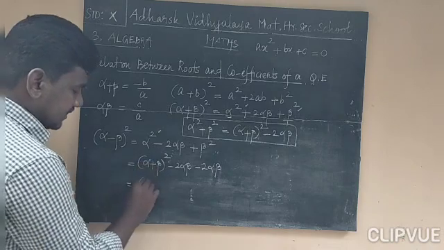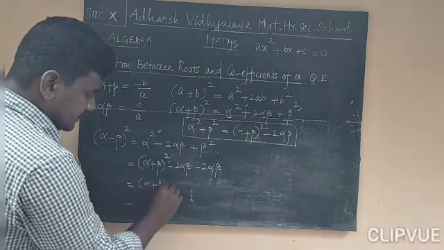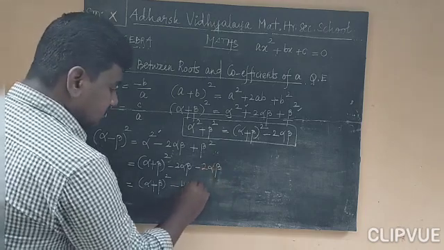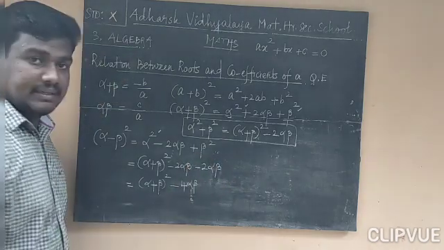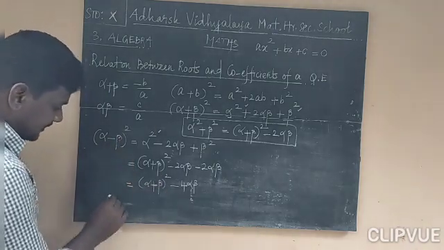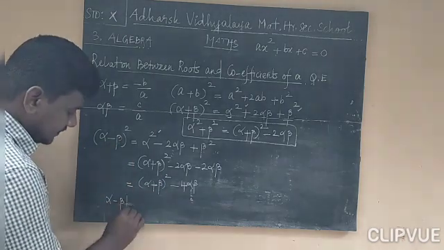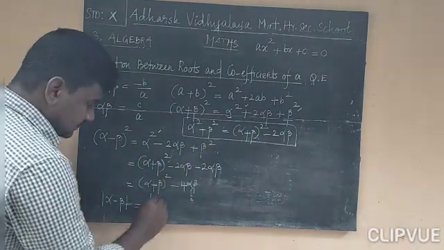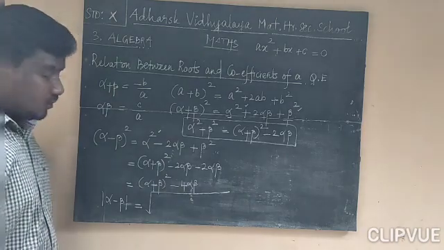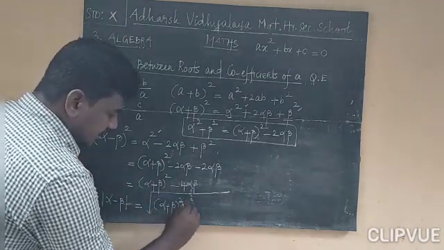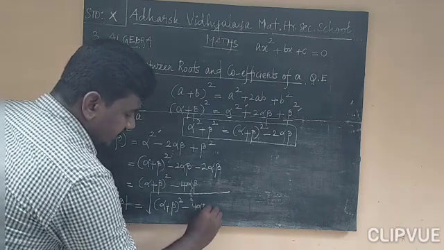So alpha plus beta whole square as it is, minus 2 alpha beta minus 2 alpha beta, becomes minus 4 alpha beta. So if they ask to find alpha minus beta alone, it means modulus. This square becomes square root, you know that. So what do we have? Alpha plus beta the whole square minus 4 alpha beta.